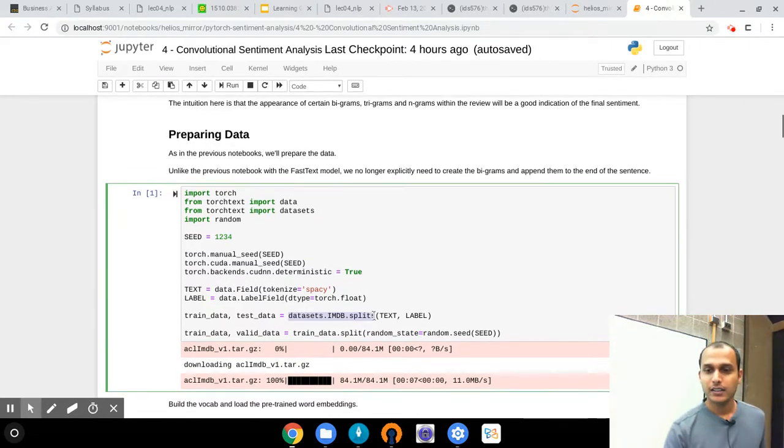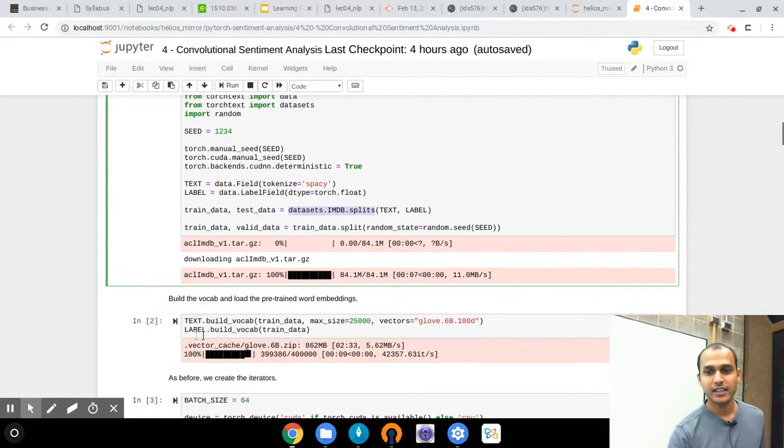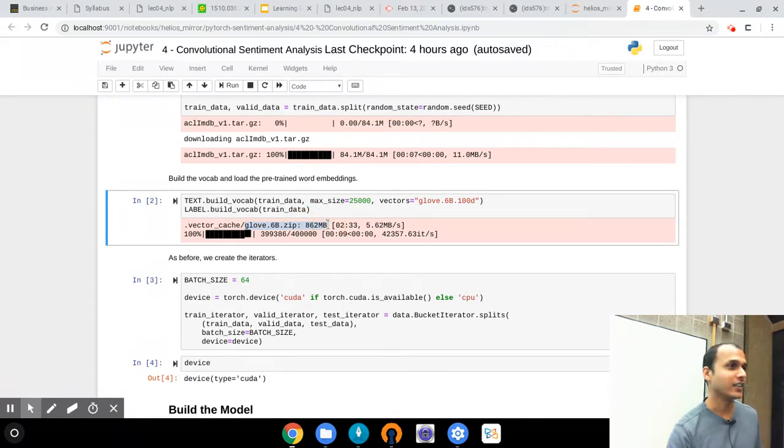The first time you run it, it'll download the dataset from the internet, and then there's a step where it's downloading a huge file, in this case glove.6B.zip.